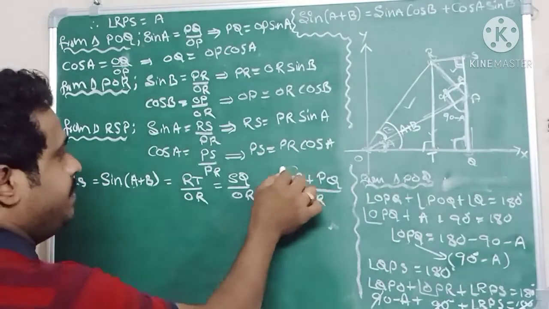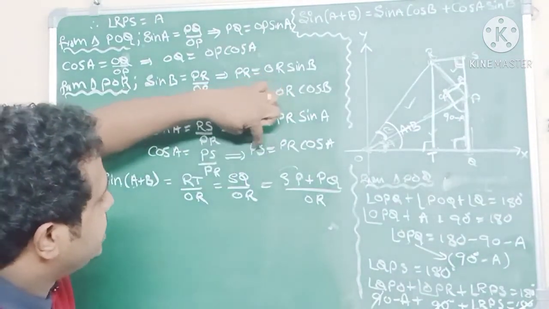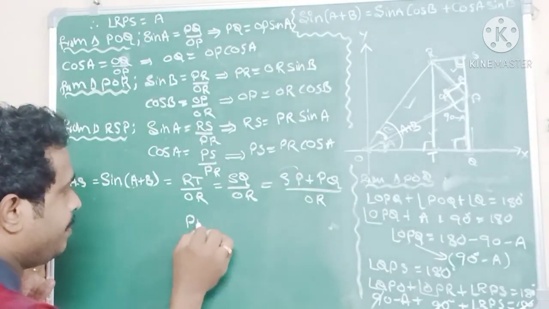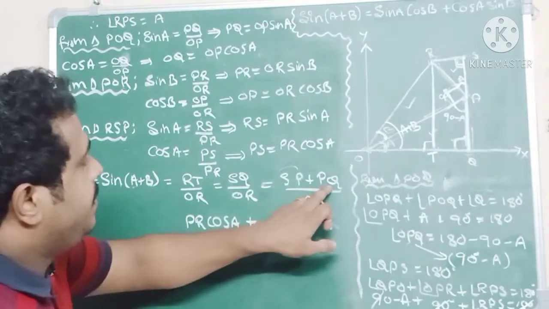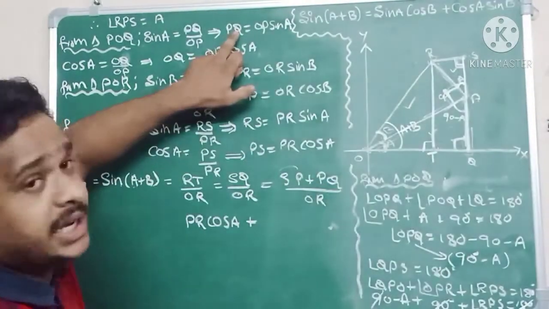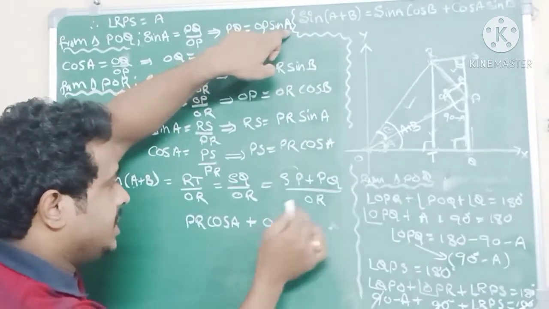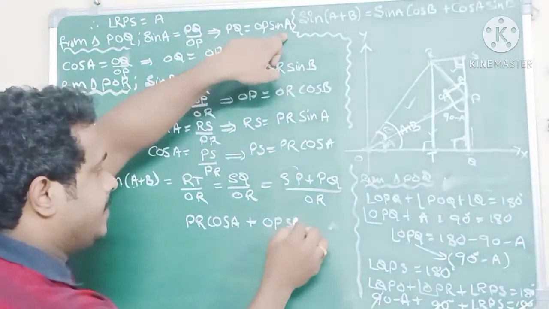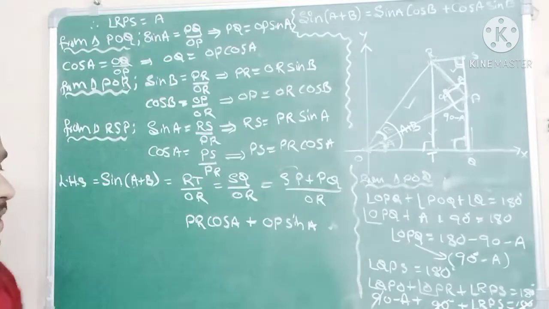Where is SP? Here it is. So instead of SP you can write PR cos A. Here write PR cos A plus PQ. Where is PQ? Here it is. PQ is nothing but OP sin A. Instead of PQ, substitute OP sin A.